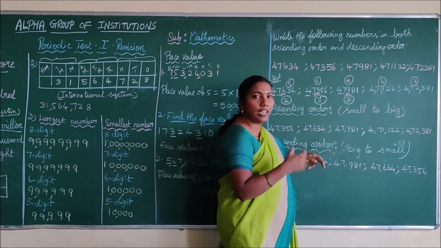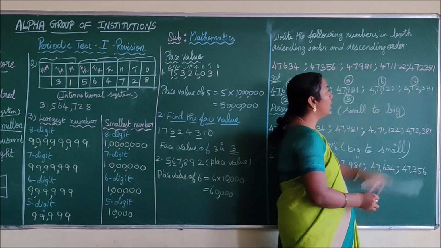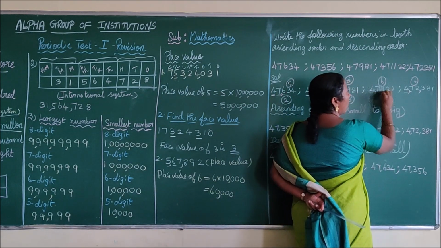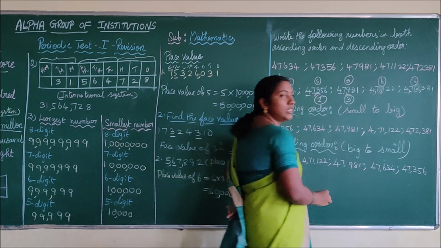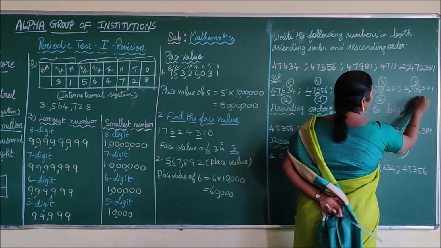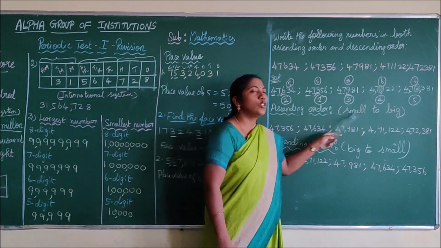Next we are going to find the next 2 numbers. These are 6-digit numbers. Now we compare them. Here also 4, 4, 7, 7. Here we have 1 and here we have 2. Which is the smaller number? This is the smaller number, so this is your 4th number. This is your 5th number in the ascending order. Thus we arrange in ascending order, small to big.